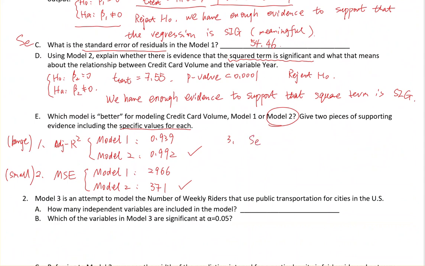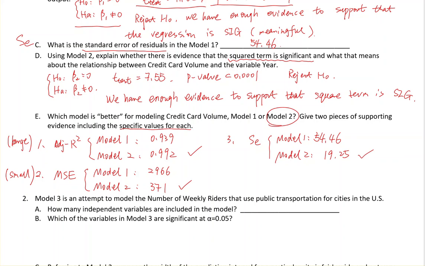So it's kind of the same supporting evidence, right? So for Model 1, it is 54.46, right? So for Model 2, it is 19.25. So we want smaller standard deviation of the residual, so this is preferred too, right?